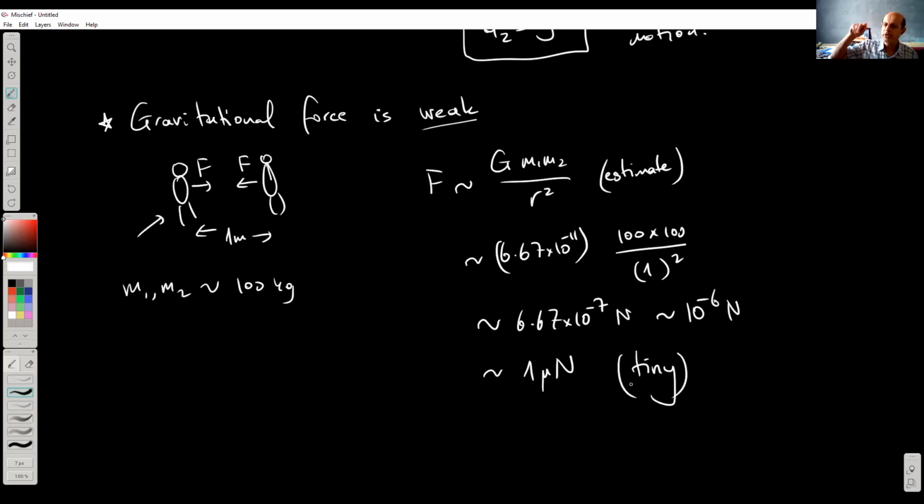The force applied by these two people on each other is smaller than the weight of an object with a mass of 0.1 microgram. So we never feel these in our daily lives. We don't experience this force directly because it is weak, okay? So that's the first thing. As a result, it is hard to measure this in the lab.